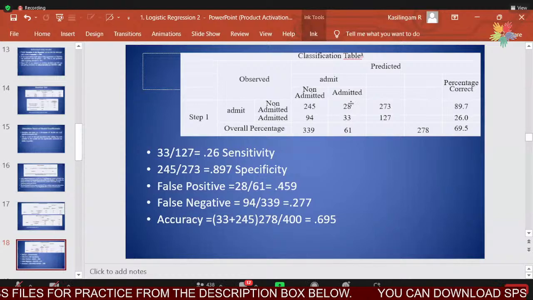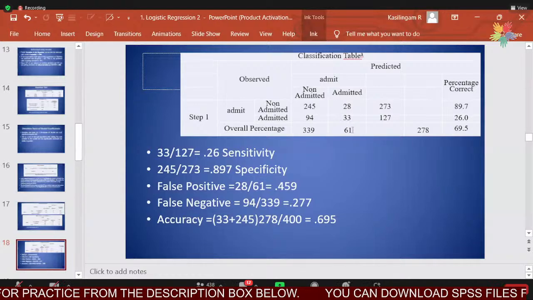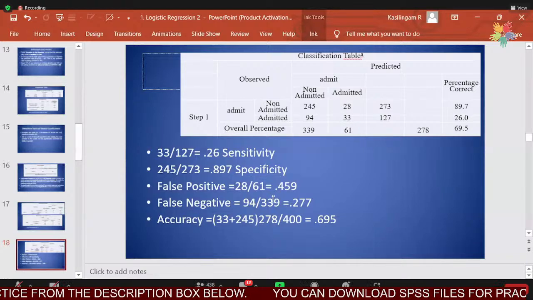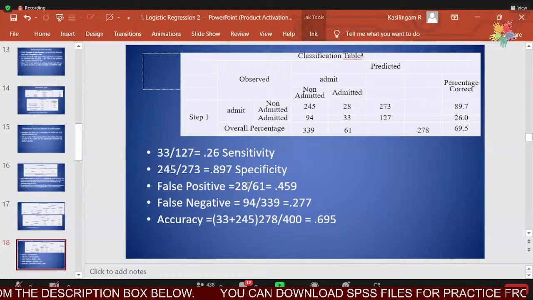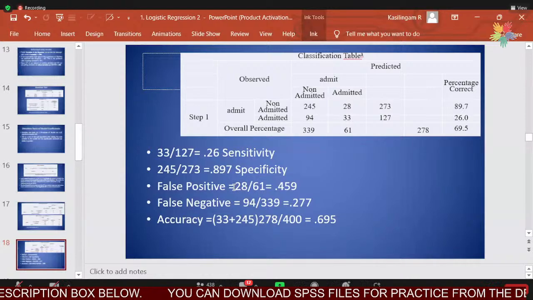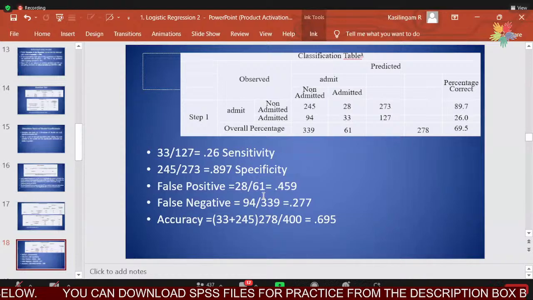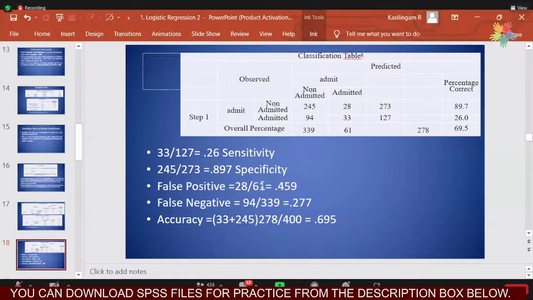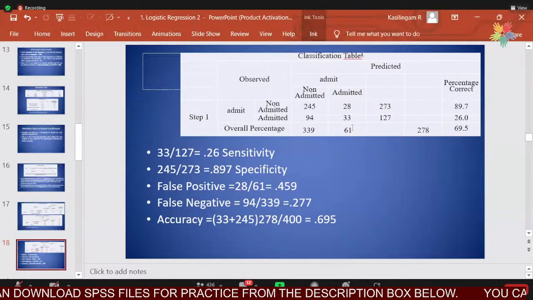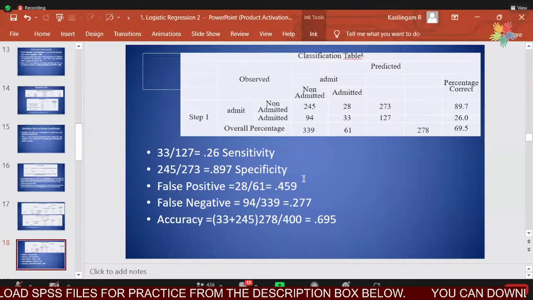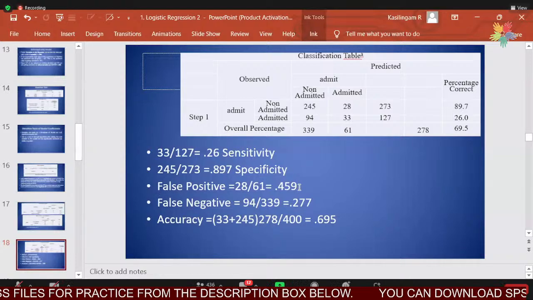How much is false? 28. So positive admitted as per our prediction is 61. False positive admission divided by total admission predicted is 0.499. That is called false positive.